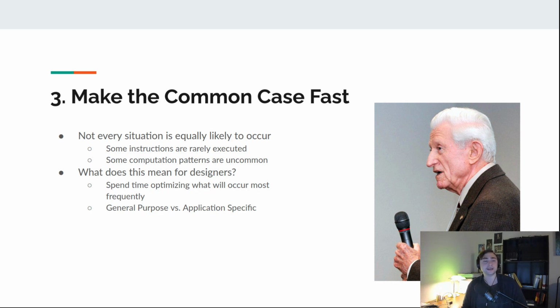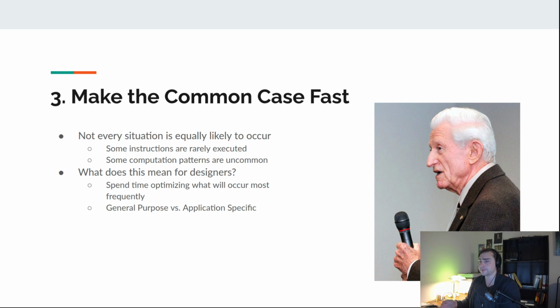So what does this mean for designers? It means that we should spend time optimizing what will occur most frequently. And a great example of this is with general purpose processors versus application-specific accelerators. You can often think of an application-specific accelerator as: we take the common case that we're running on, say, a general-purpose processor, like a CPU, and we design something like an accelerator to specifically accelerate that common case.